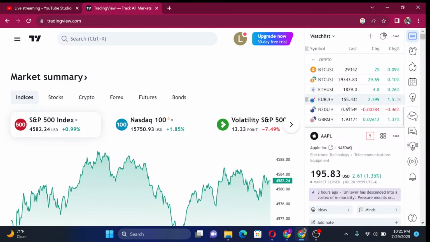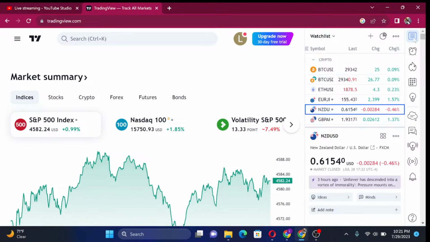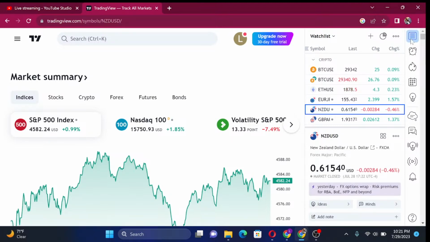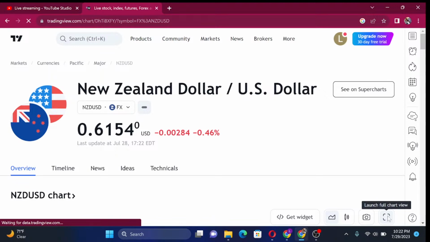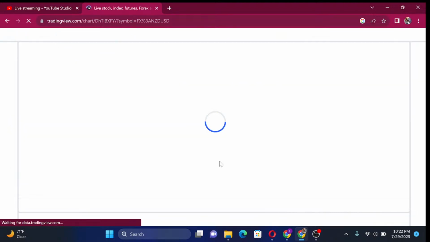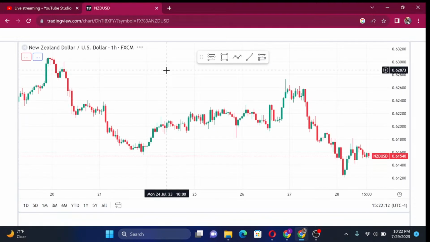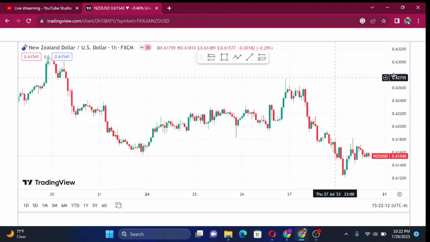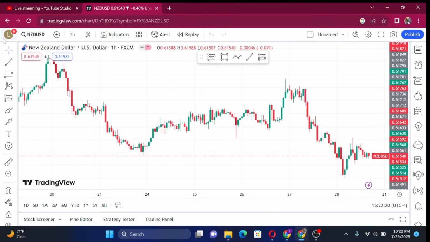Because we only want NZD USD is right here. Let's go to the full chart. Yeah, this is what I want mainly. I like dark mode mostly.